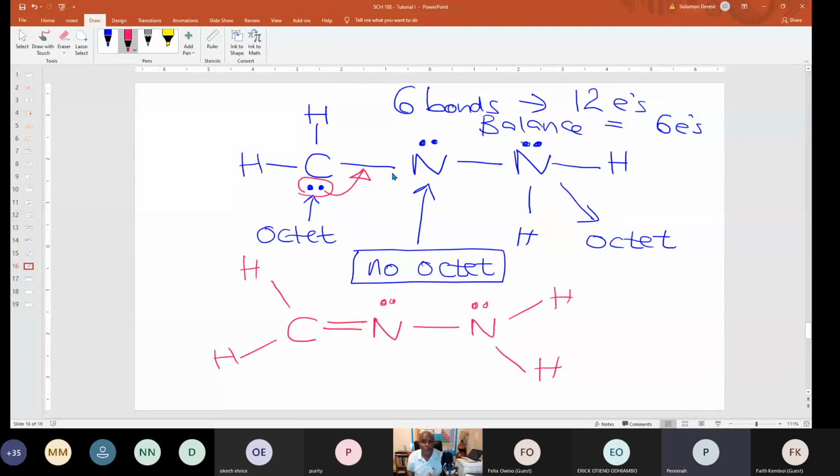If you look, each of the nitrogens has formed 3 bonds. Together with the lone pair of electrons, 4 times 2, 8 electrons. This one has also formed 3 bonds. So this is the valid Lewis structure for CH2NH2.